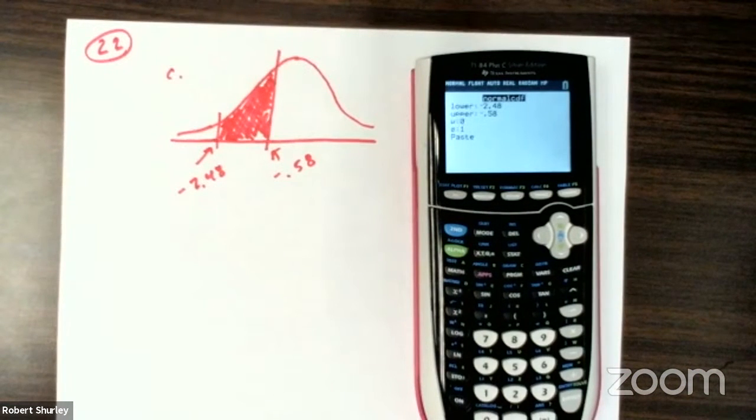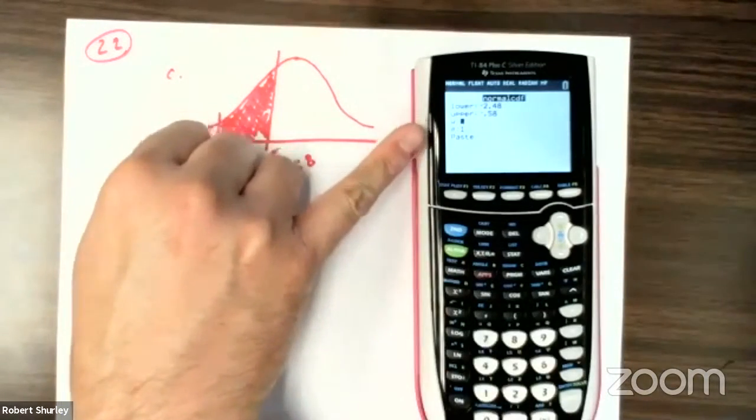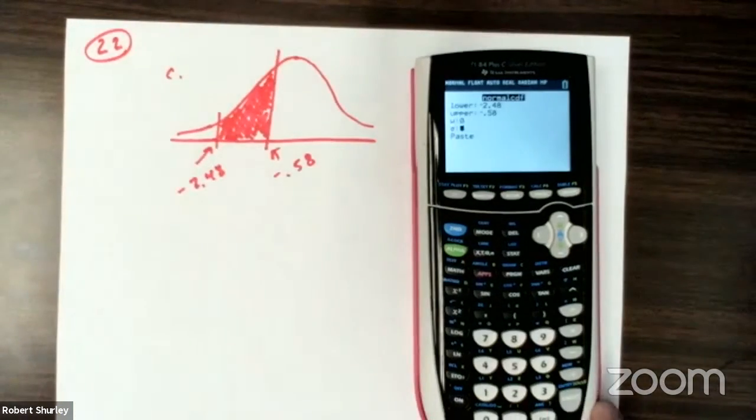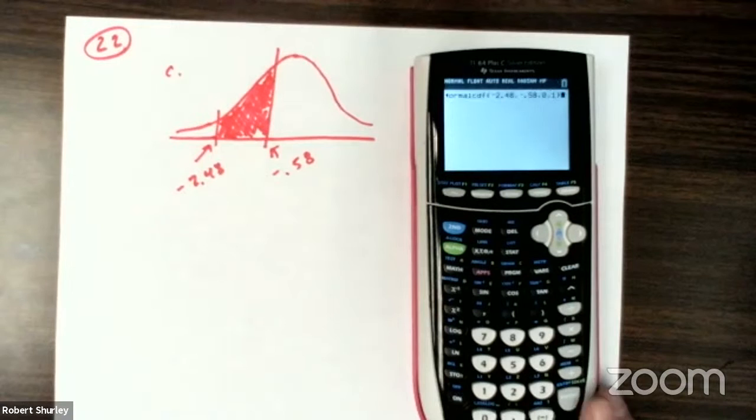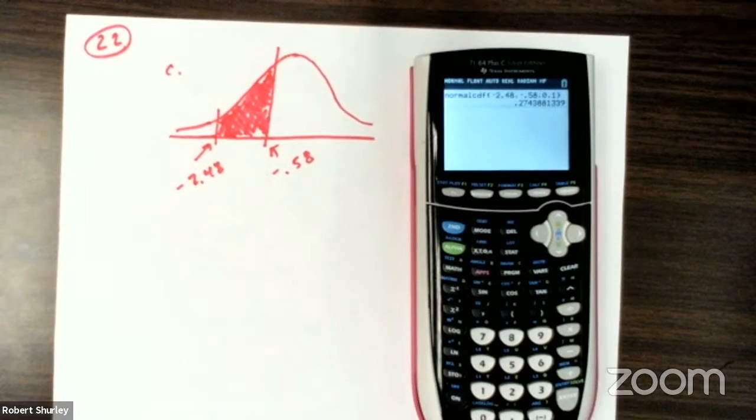Lower is going to be to the left and upper is going to be to the right. Then I'm just going to hit enter. Again, our mean and our standard deviation are still 0 and 1. So I'm going to paste that, pop it in, and I get 0.2744.